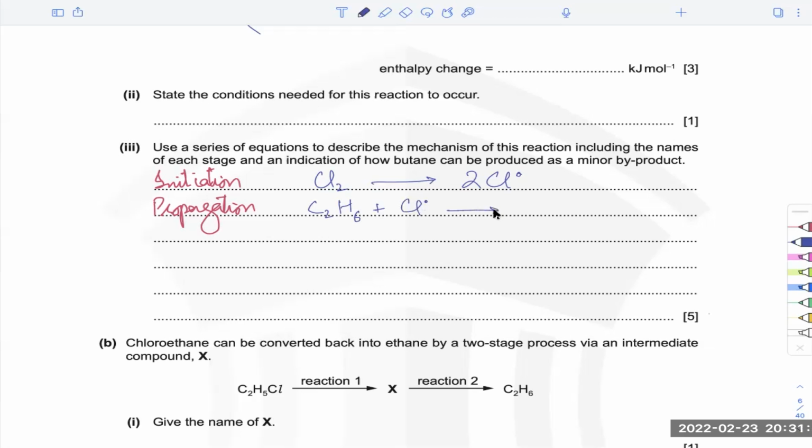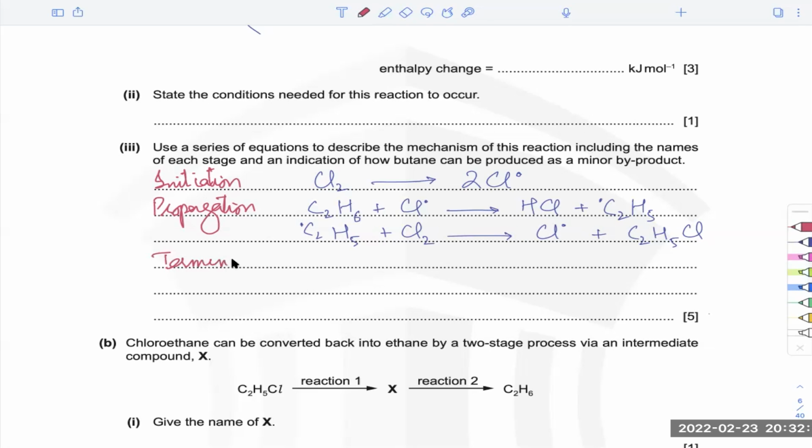Chlorine radical approaches, makes HCl, makes another radical. That radical then goes on. Sorry, the radical sign should be on carbon. This radical approaches another chlorine molecule, makes another radical, and C2H5Cl. Yep, there you go. That's my propagation.